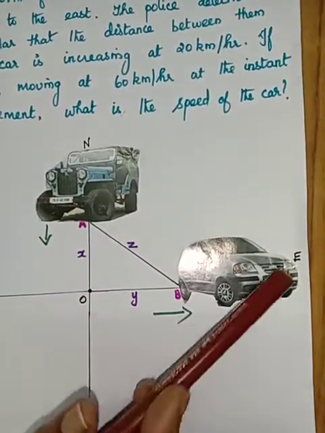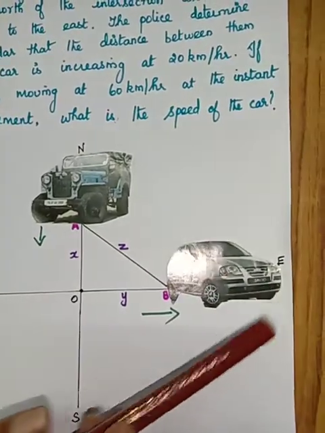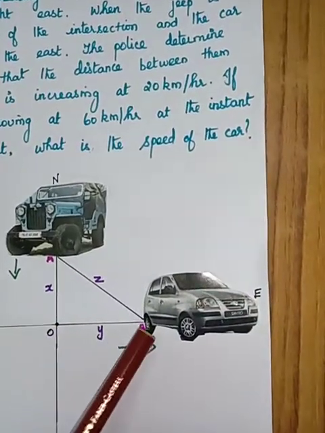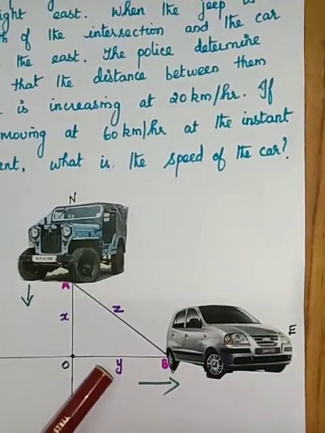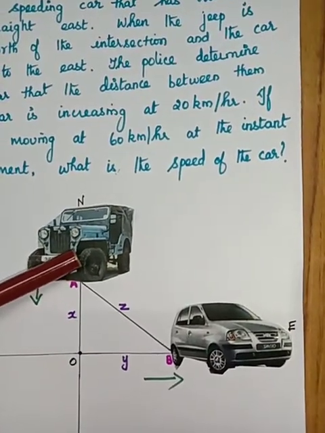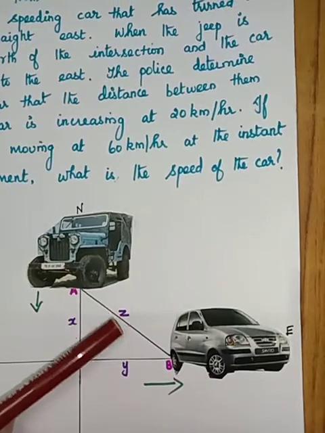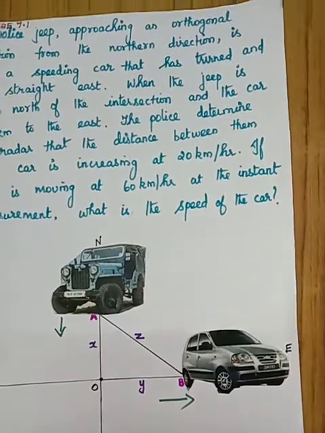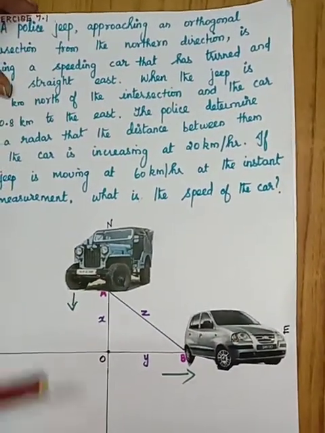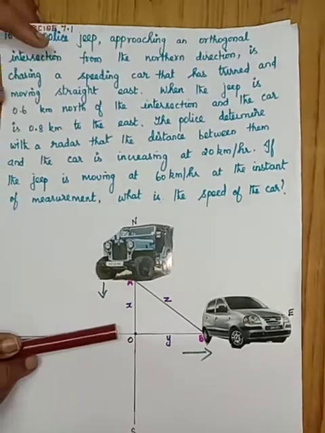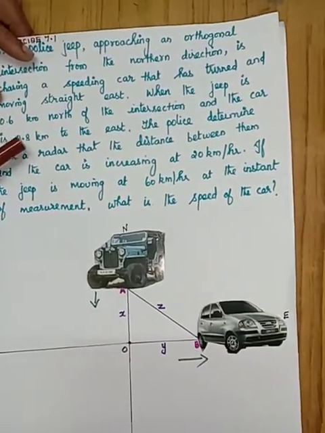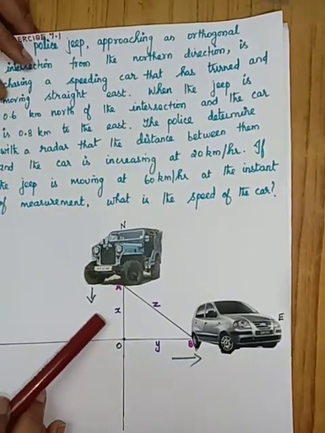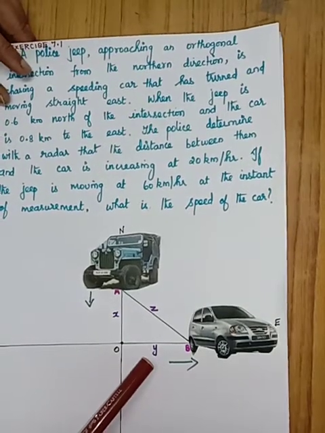So B is the position of the car which is moving east, and O is the intersection point. This OB distance we take as y, and the distance between the jeep and the car is z. So from the data, x is equal to 0.6 and y is equal to 0.8.